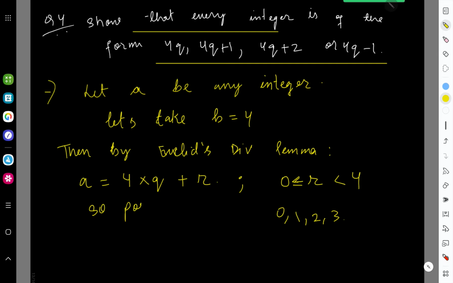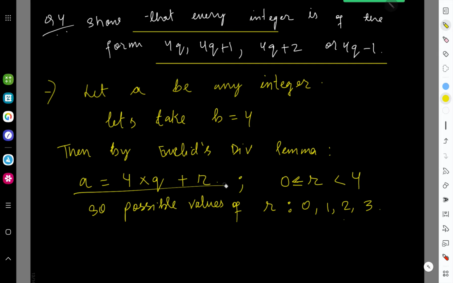So possible values of r are 0, 1, 2, and 3. Now if we substitute the value of r in this expression, we will get the values of a.